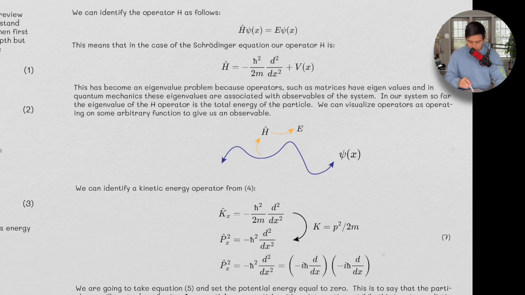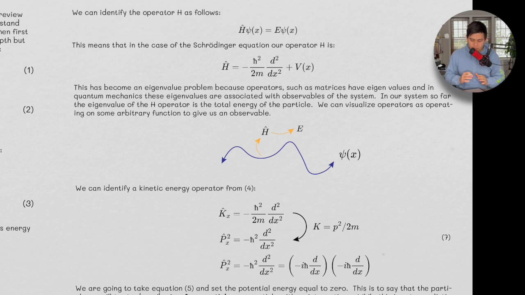So this has become an eigenvalue problem because operators such as matrices have eigenvalues. And in quantum mechanics, these eigenvalues are associated with observables of the system. So energy, for example, is an observable of our system when we consider this H, or this operator right here. In our system, so far, the eigenvalue of the H operator is the total energy of the particle.